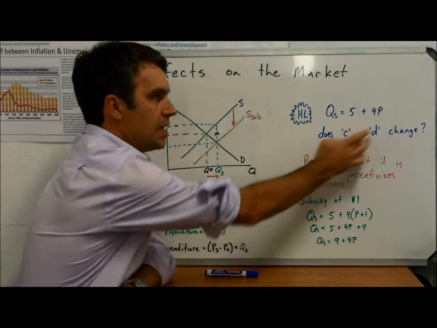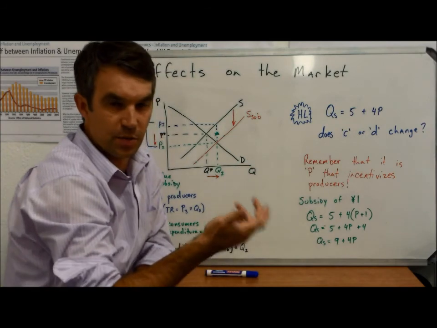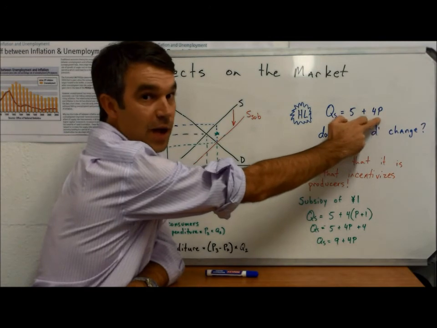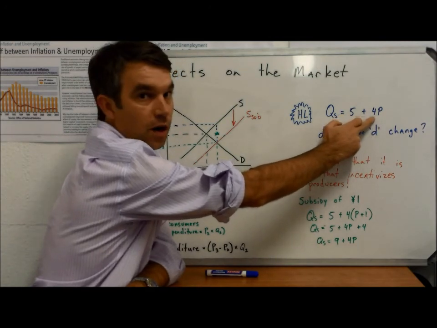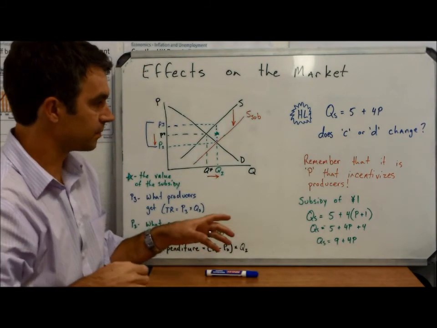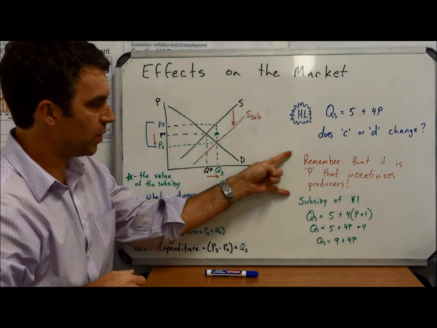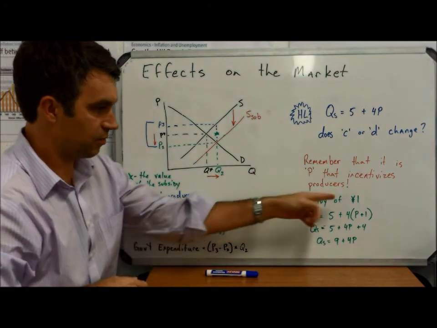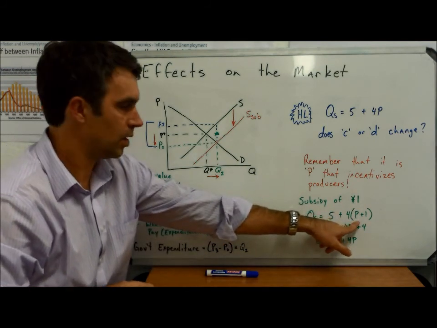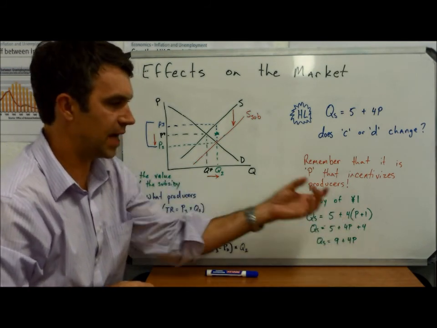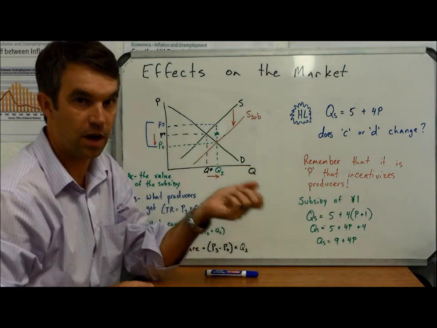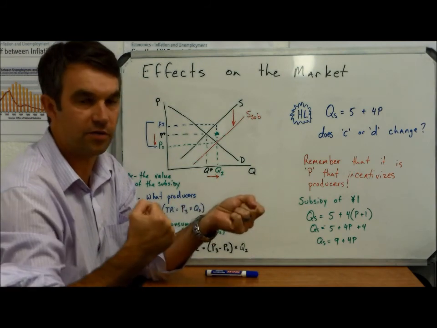Again, remember that P in our formula is what incentivizes the producer. What the producer is saying in this formula is, every time you raise the price by 1 yen, I will produce 4 more. So when we add the subsidy in, the subsidy of 1 yen in this case has to be added to P. So we say that it's not just the price from the consumer that's motivating me. I don't just get the money from the consumer, I also get 1 yen from the government.